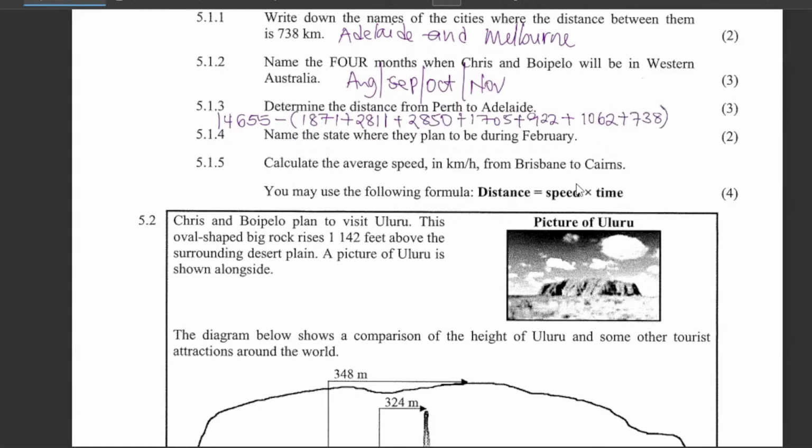Then we shall subtract that and we see. This gives us the answer as 2,696 kilometers.